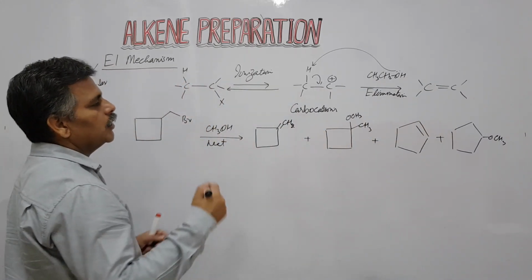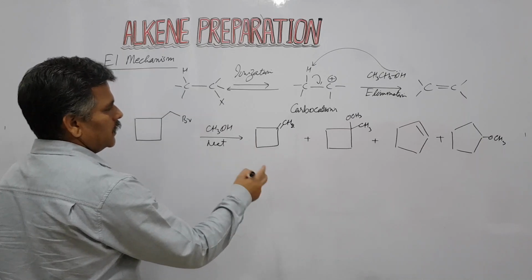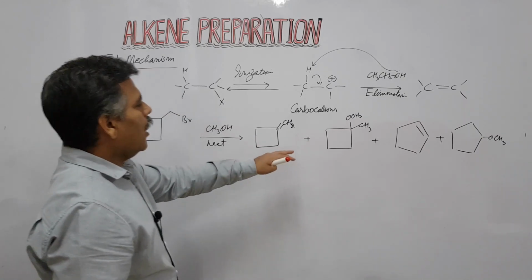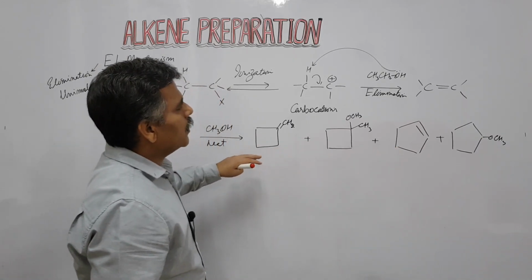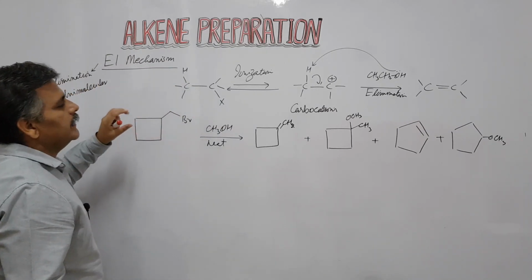So you just try to solve this: how can we get these different products from this single reactant?